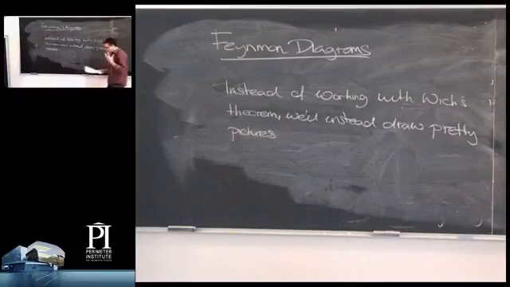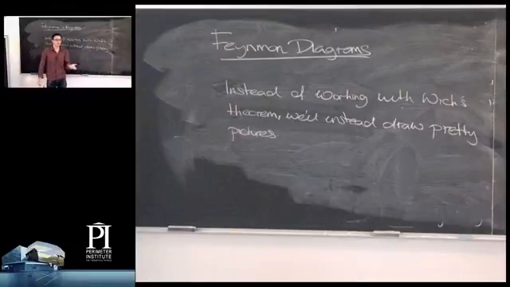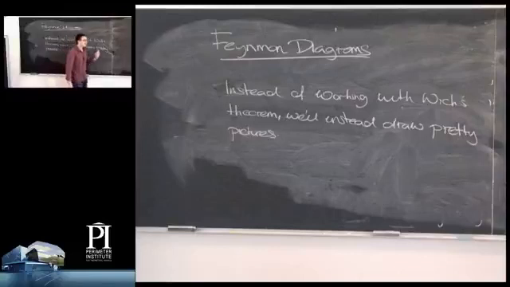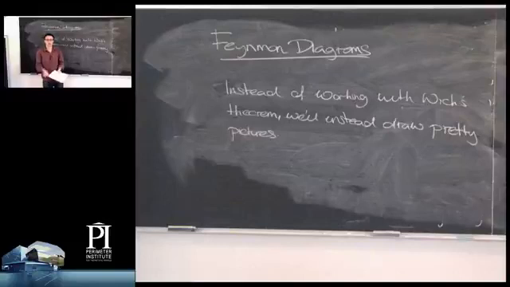Okay, so what I'm going to do is just tell you the algorithm to draw these pictures. The point of these pictures is that every one you can draw down is in one-to-one correspondence with the kind of terms that arise in Wick's theorem. Now that may or may not be obvious to you after I've told you the algorithm to draw these pictures. And again, it's best to convince yourself just by sitting down and doing a few examples. I'll do the example of nucleon scattering on the board, but these are really just capturing the combinatorial tedium of working through Wick's theorem, but in a nice way. Okay?